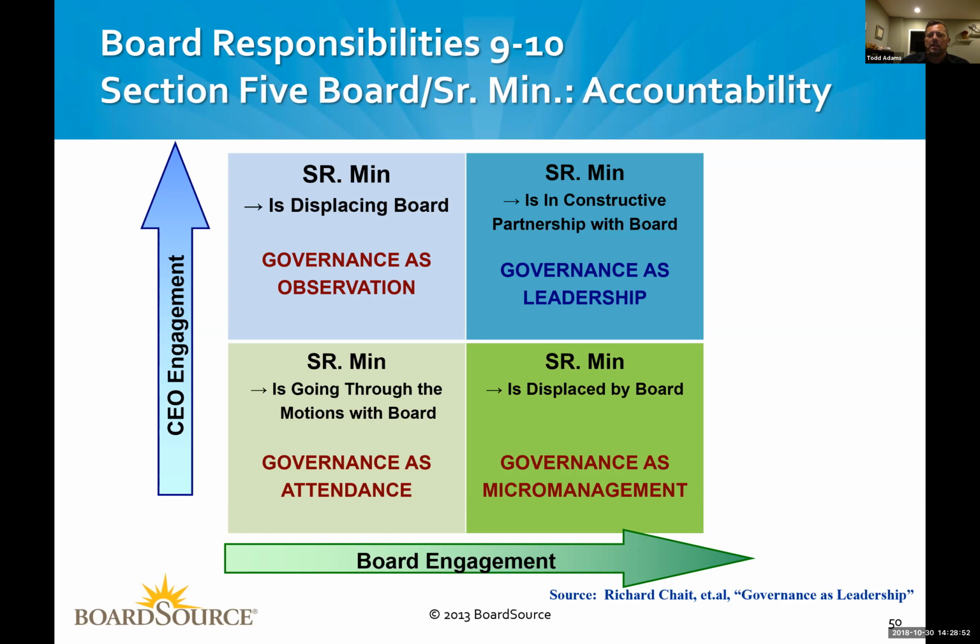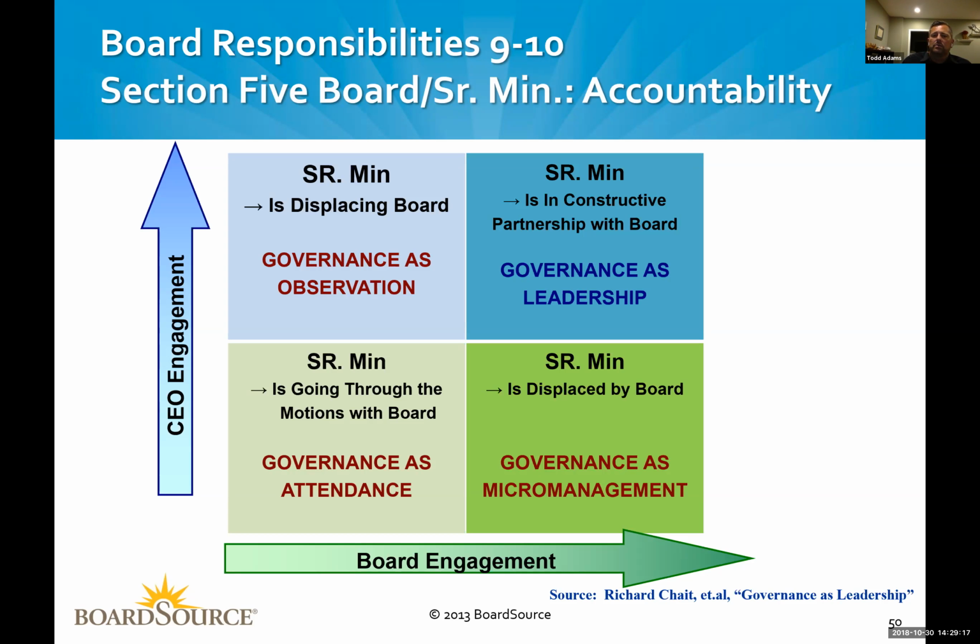The danger is that a board can start to micromanage. And typically when that happens, it's because not enough information is provided, so they're digging deeper and deeper, and they get off track and into the weeds because they haven't thought enough about what their role is as a board, and they're not getting the right information. Upper left, governance as observation.